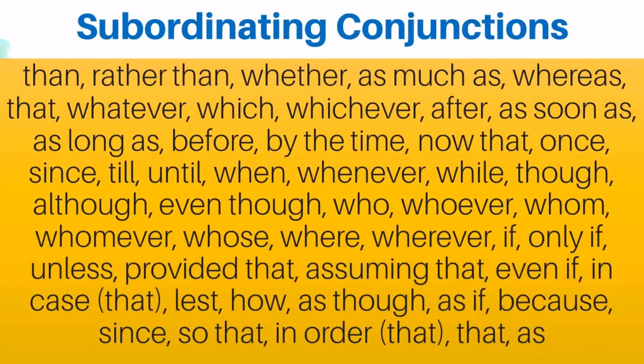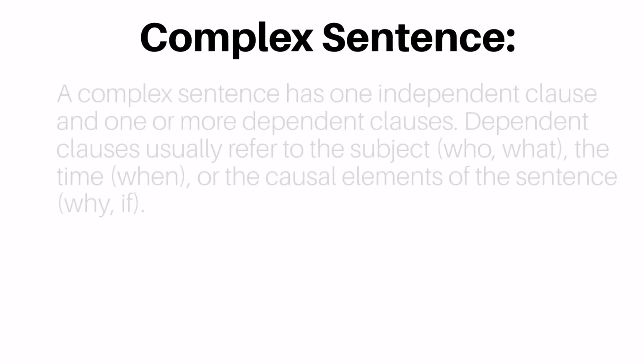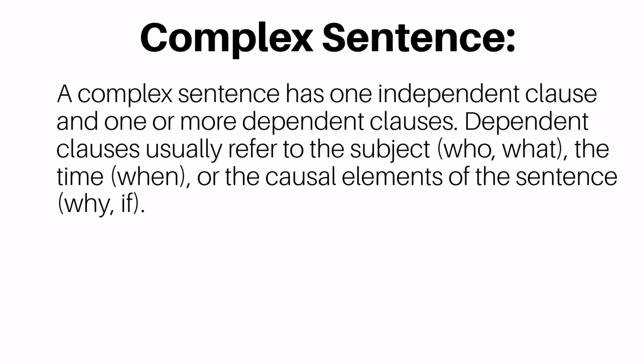So here, complex sentence. The definition: a complex sentence has one independent clause and one or more dependent clauses. Dependent clauses usually refer to the subject, who or what, the time, when, or the causal elements of the sentence, why or if.